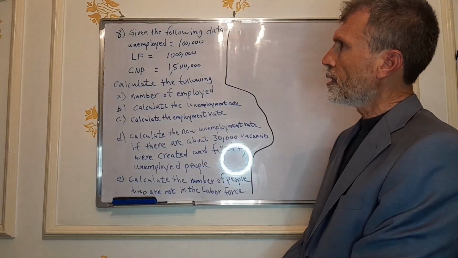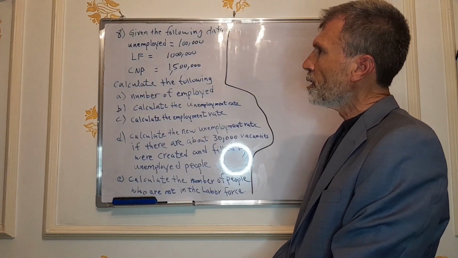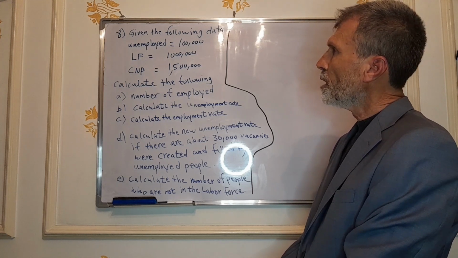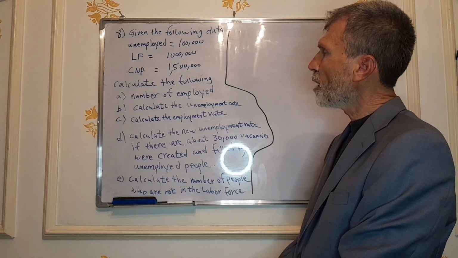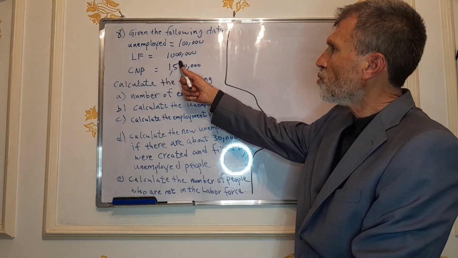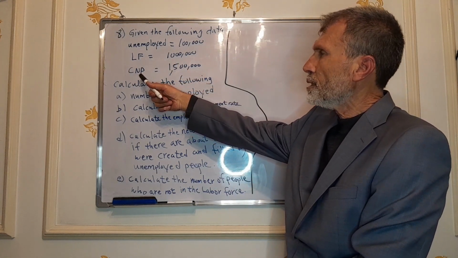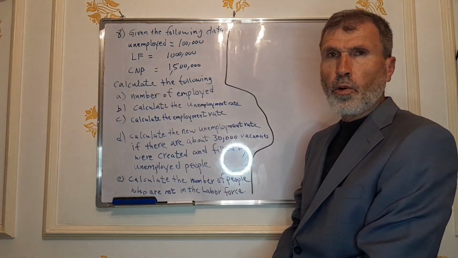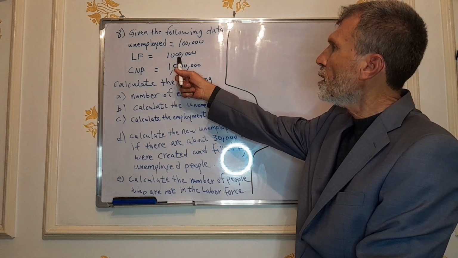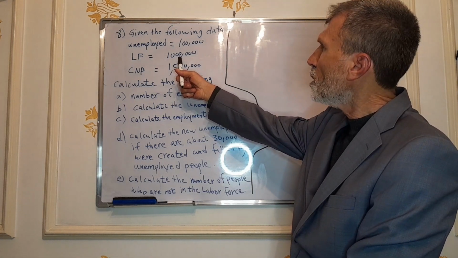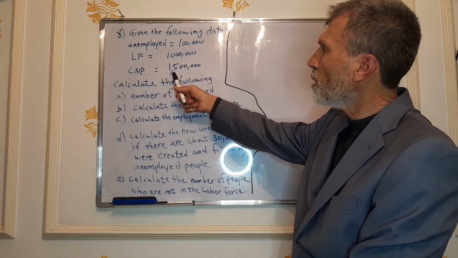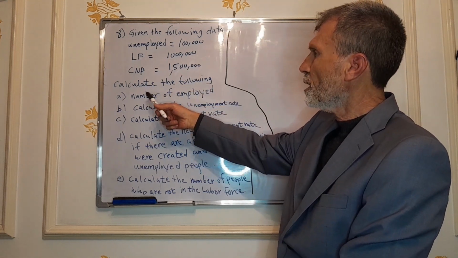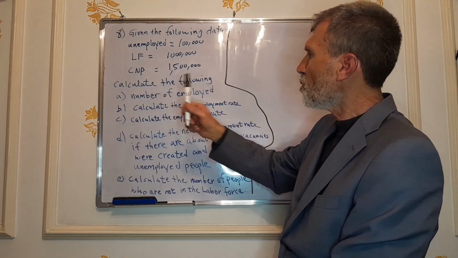Okay, this is problem number 8. Let me state the problem. Given the following data, unemployed equals 100,000, labor force is 1 million, civilian non-institutional population, or working age population, is equal to 1,500,000. Now we need to calculate the following. A, the number of employed.